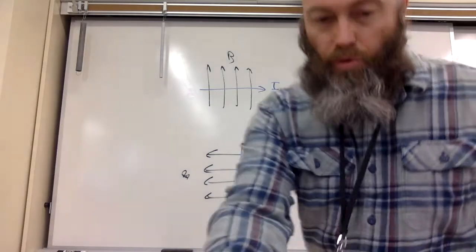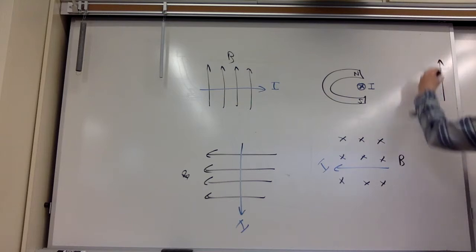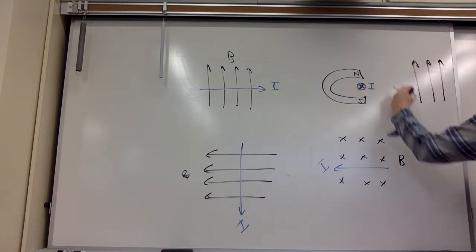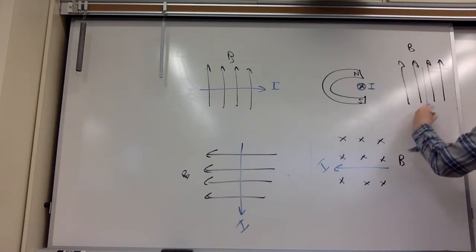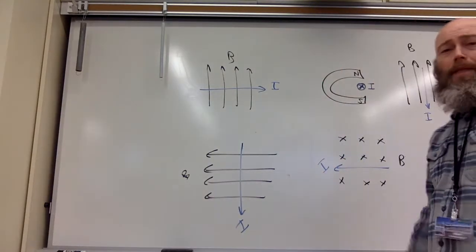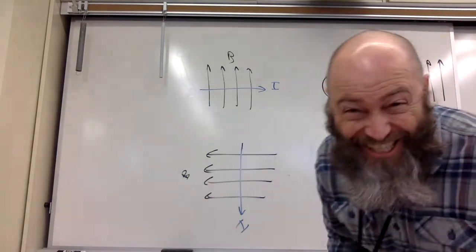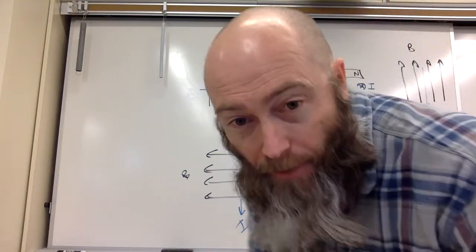And then we'll do one more example over here. Let's say I have my magnetic field going this way, and my current is going that way. I recommend you pause the video and see if you can do it. Use the right-hand rule, and then come back and watch me go through it with you. So pause it. Okay, all right, welcome back.